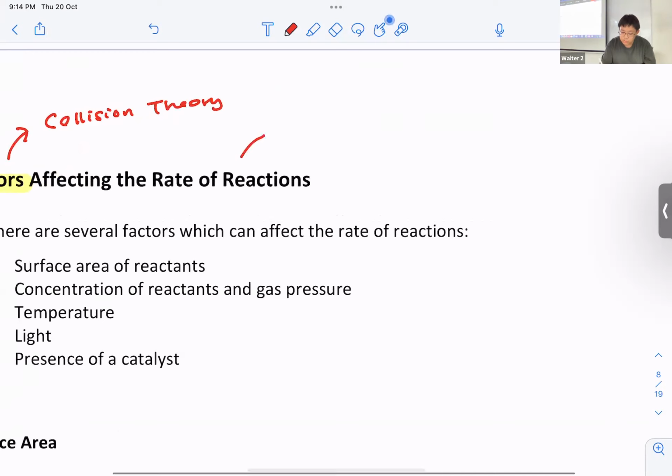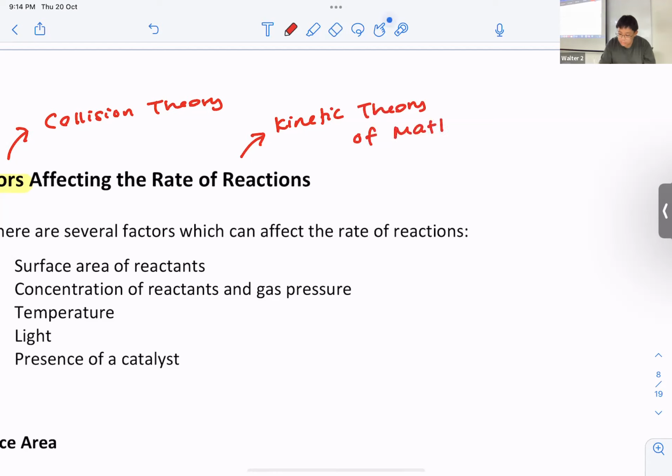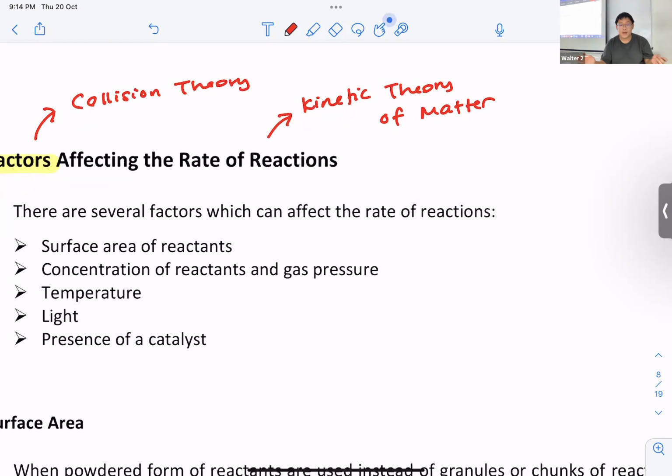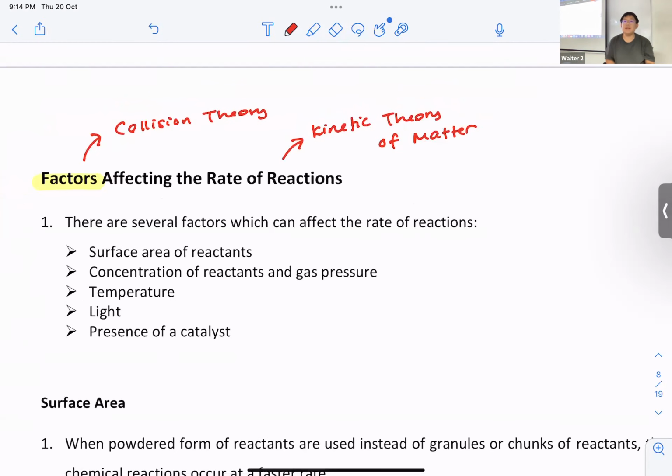And also kinetic theory of matter. Okay, collision theory is for all. Kinetic theory is only for temperature. So they're related to these two different theories.